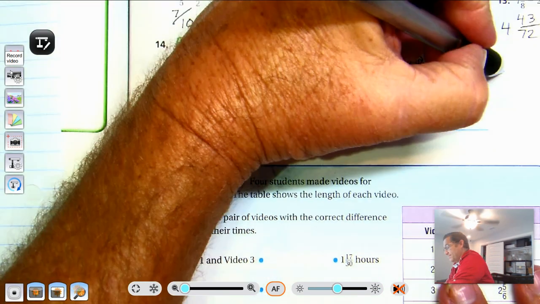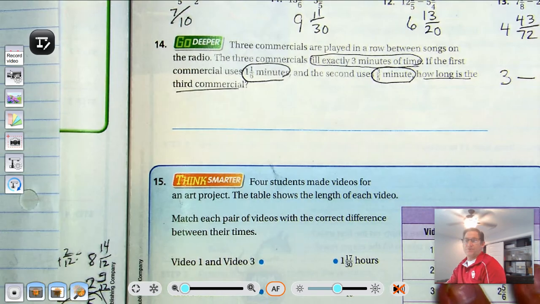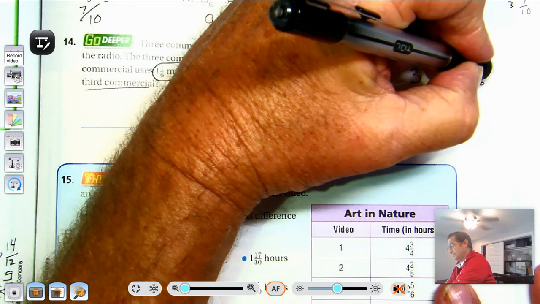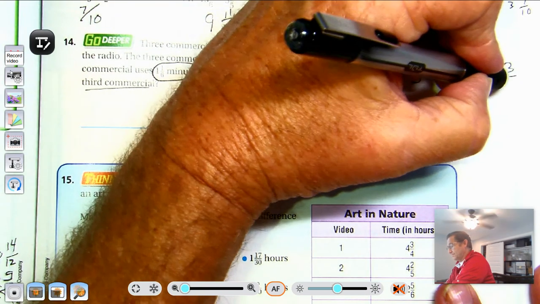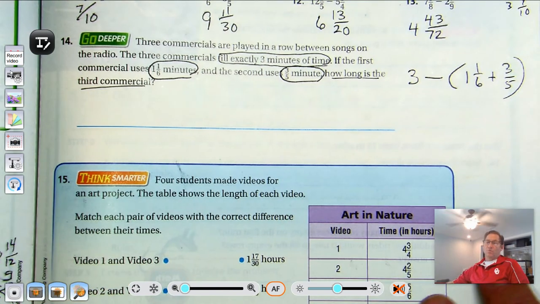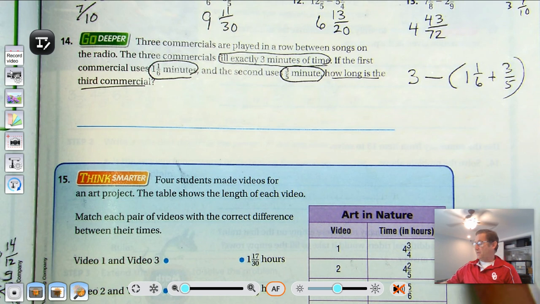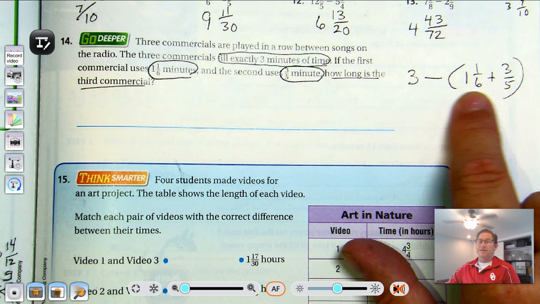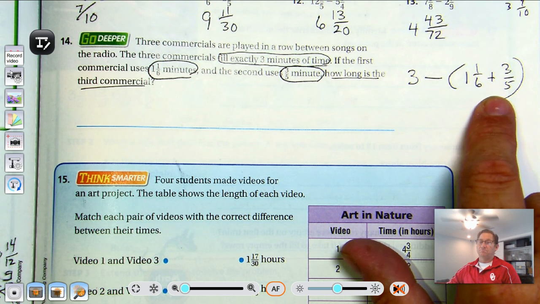Well, mathematically, we'd be looking at 3 minus the sum of 1 1/6 plus 3/5. In other words, 3 minutes, take away the number of minutes in both the other commercials.